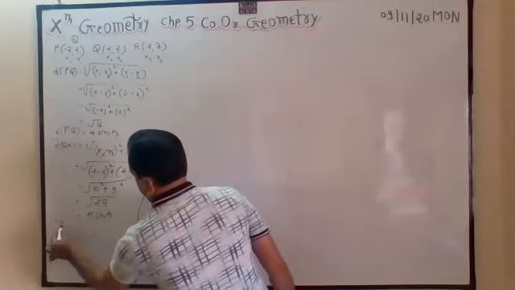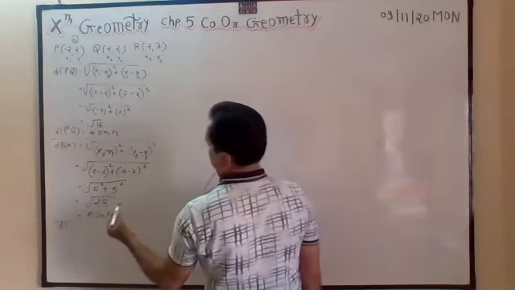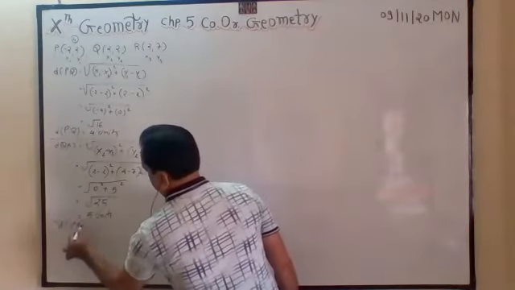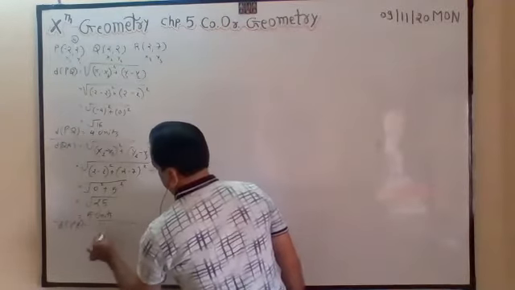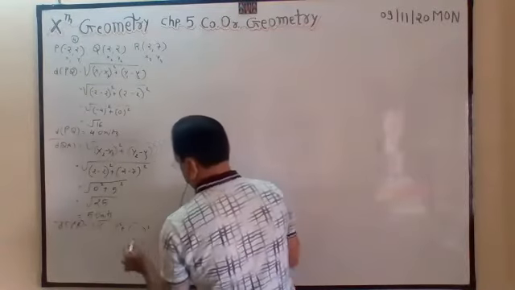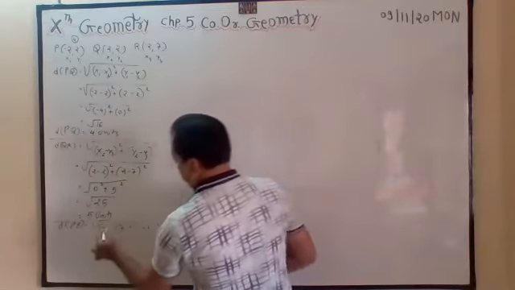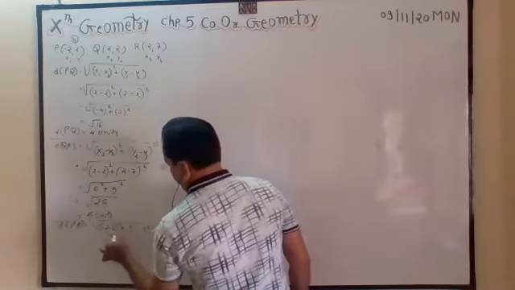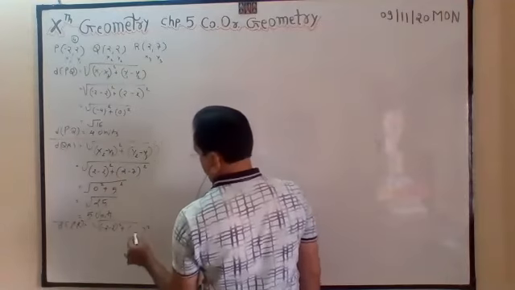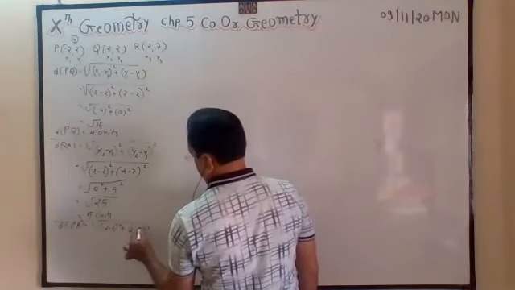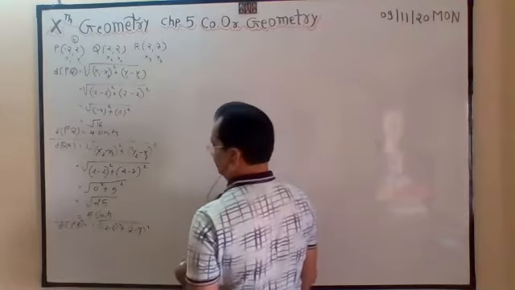Third, distance PR. First and last, minus 2, minus 2, 2, minus 7.